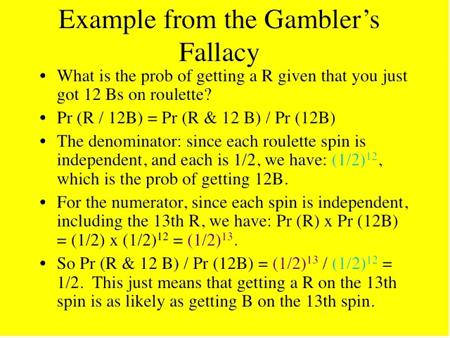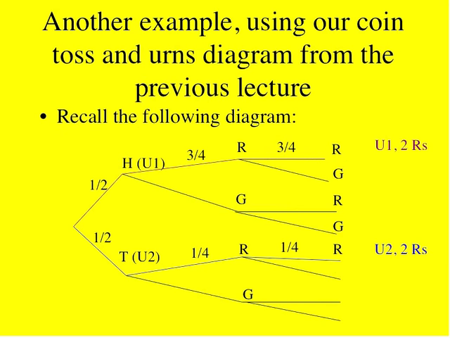The gambler's fallacy example can be read in the following way. I assume you guys have read this through, so I'm just going to hit the highlights. The coin example in particular, I want to talk about the diagram. So if you remember, you flip a coin. If it's heads, you draw from urn 1. There were 3 reds and 1 green, right? So the chances of getting a red are 3/4. And on the other side, if you toss tails, you draw from urn 2.